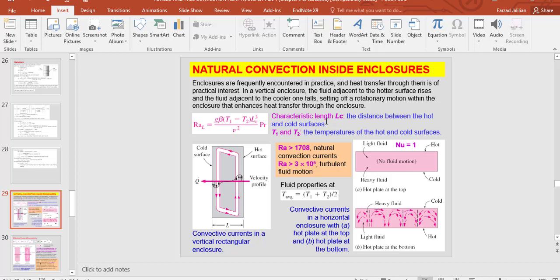So it is important to know how the heat transfer happens inside this kind of object.